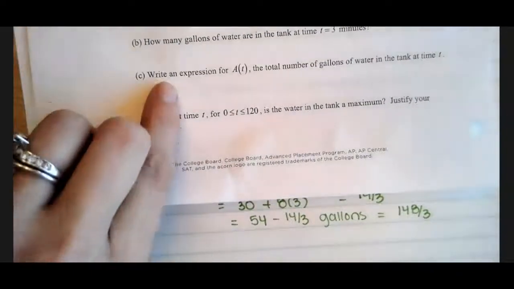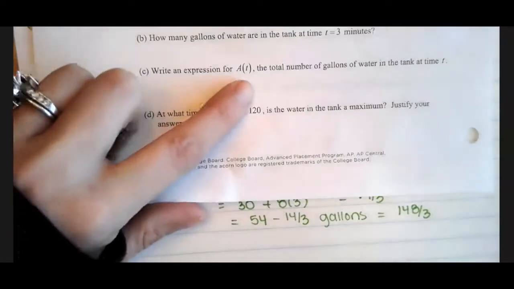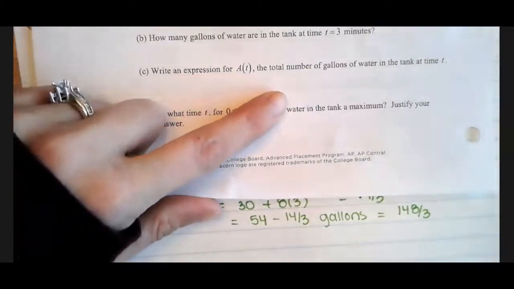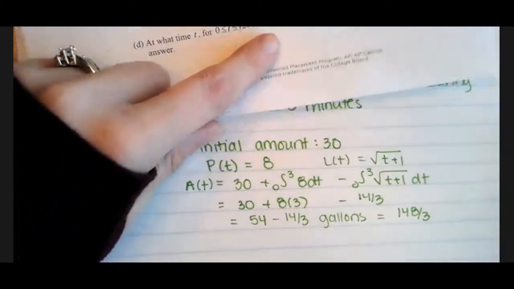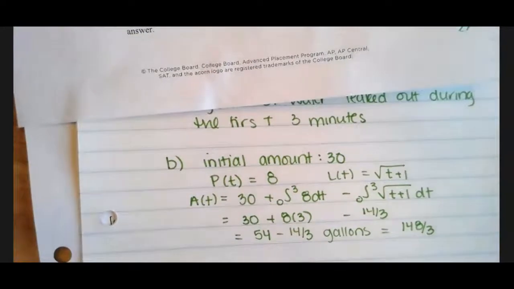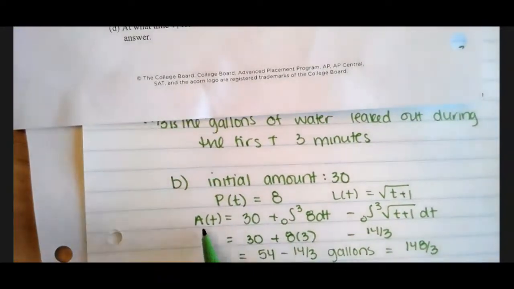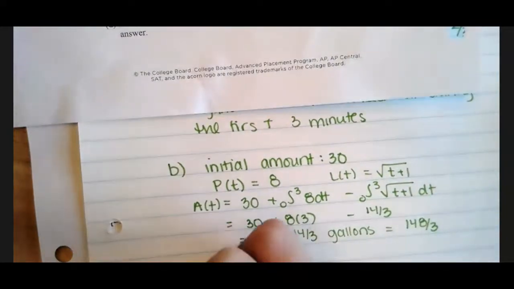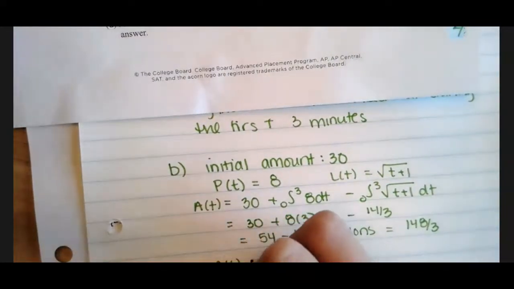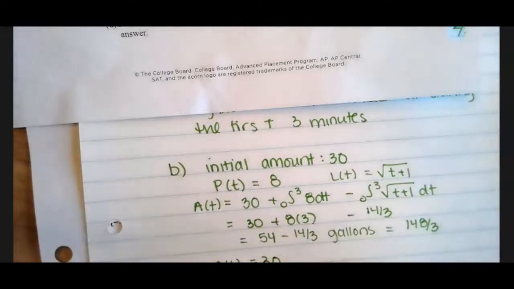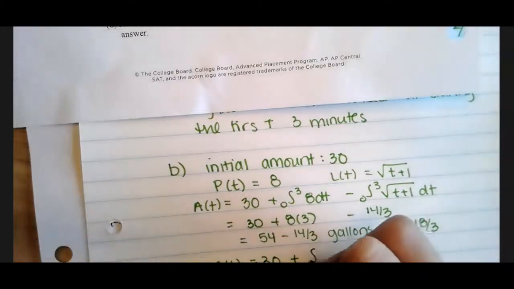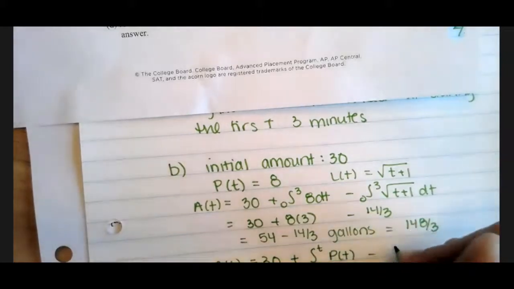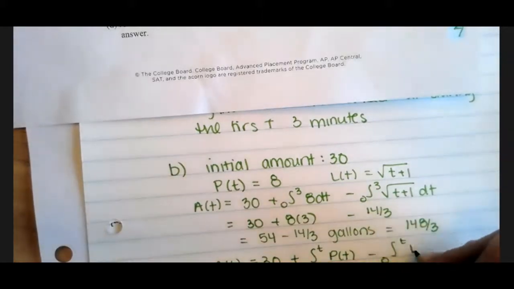Part C, write an expression for A of T, the total number of gallons in the tank at time T. So we kind of pretty much just did that. That is this right here. We just need to make it more generic. So we're going to say that A of T is equal to the initial plus the amount pumped in minus the amount pumped away.